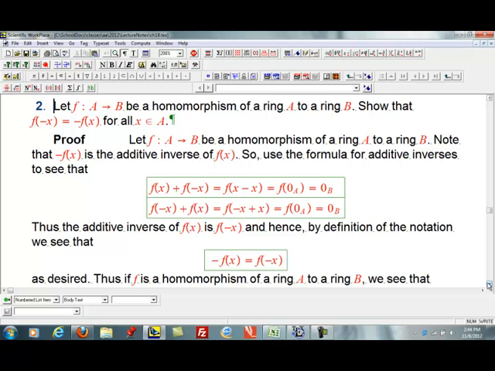This is just a notation for an additive inverse, and it is equal to the formula f of minus x. That's what that is saying. We're going to use that in the next ideas that we're looking at.